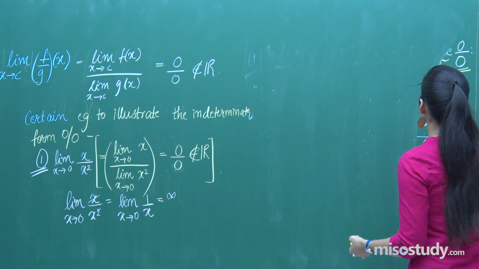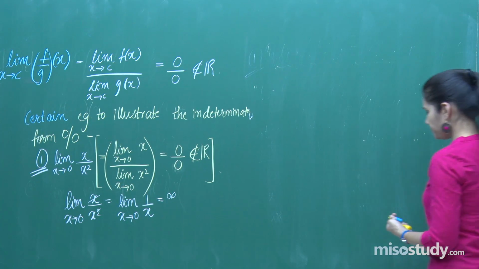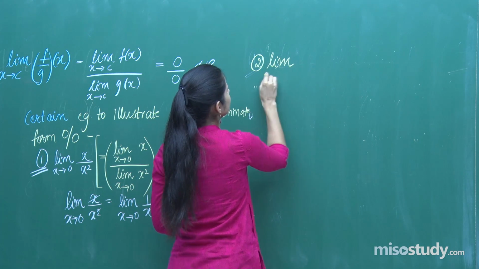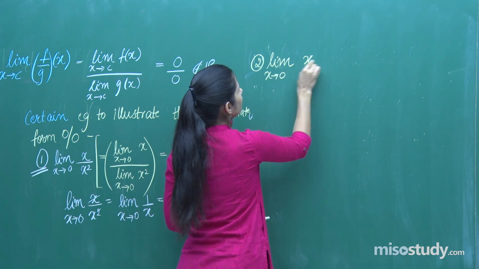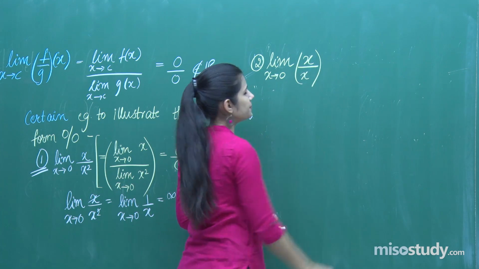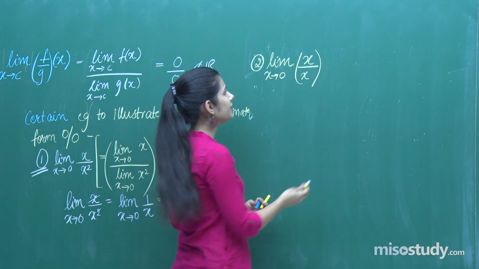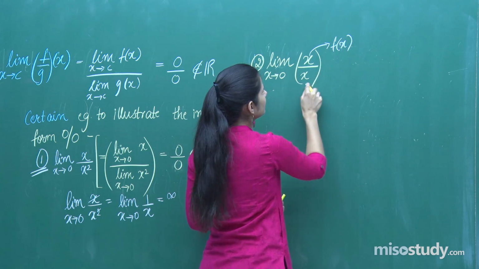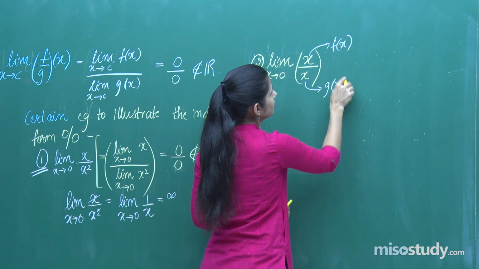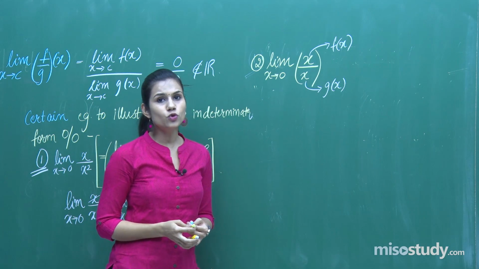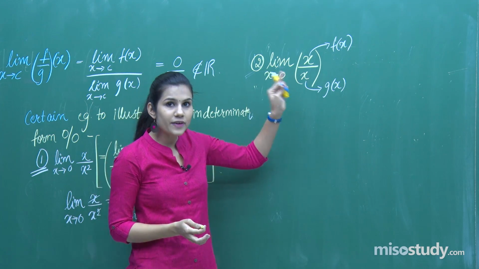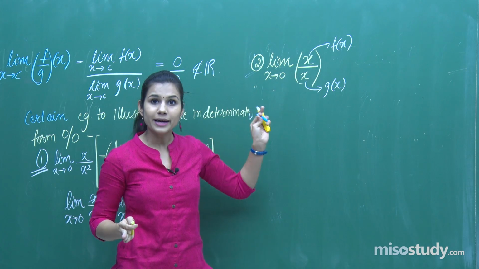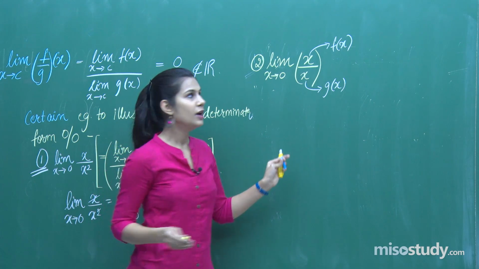Let me show you one more example which is going to boggle you. How? Let's see. Suppose I say find out the limit as x approaches 0 of the algebraic expression x upon x. Now over here again you have f upon g, where f(x) is x, g(x) is x. Is it sufficient to know about the limiting behavior of f at 0 and g at 0 separately to calculate the limiting behavior of f by g at 0? No. Why?